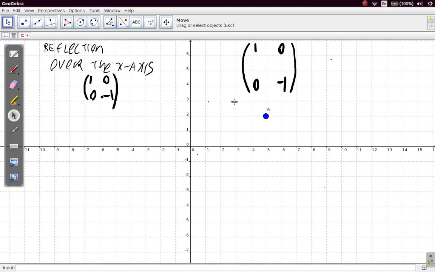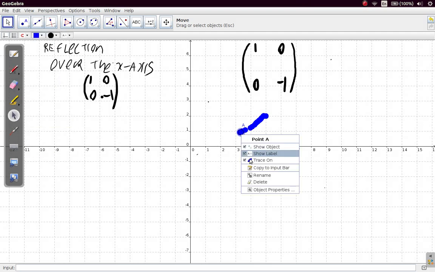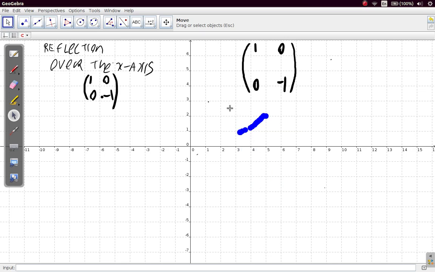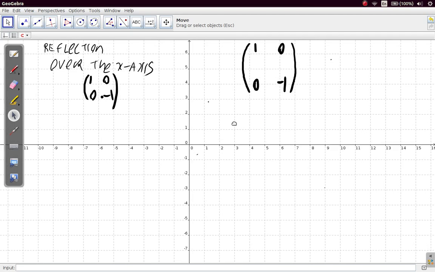All right. Let's put my grid and my axes. Let's just erase this point here and put another point. Erase all of these marks.